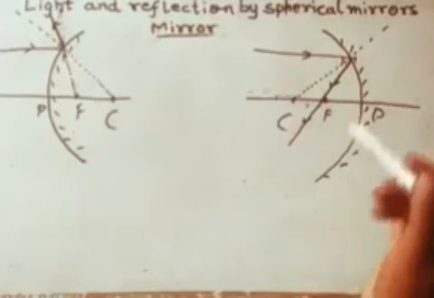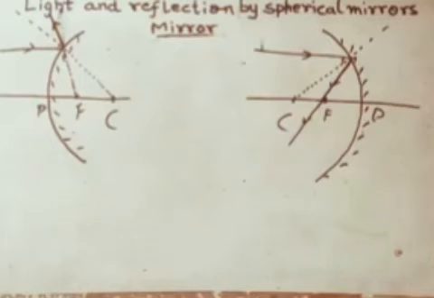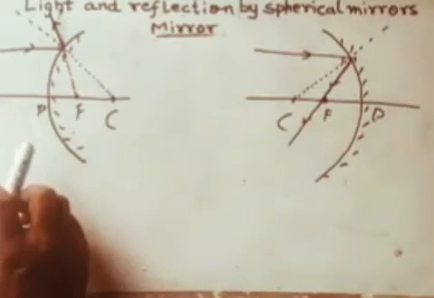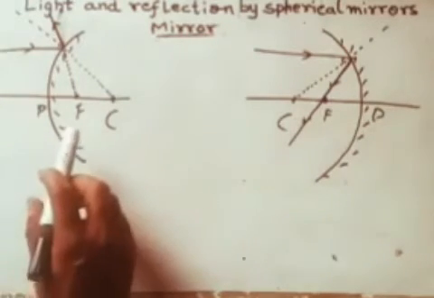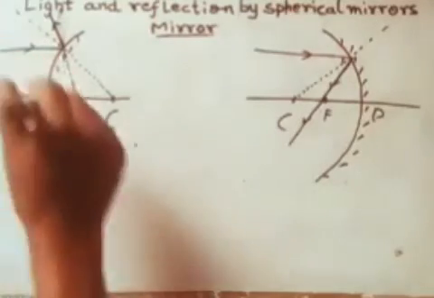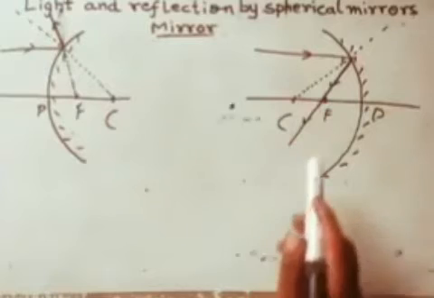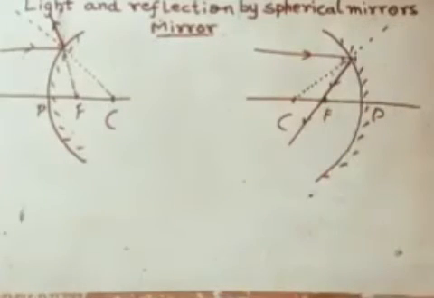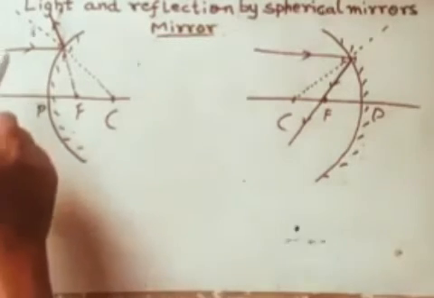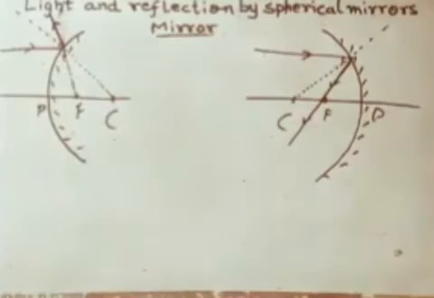So in a convex mirror, we use the term that rays get diverged from this point, and in a concave mirror, we say that they get converged to this point. But remember one thing, in both cases, you have to consider rays parallel to the principal axis.